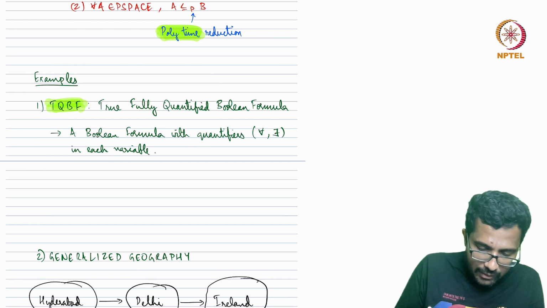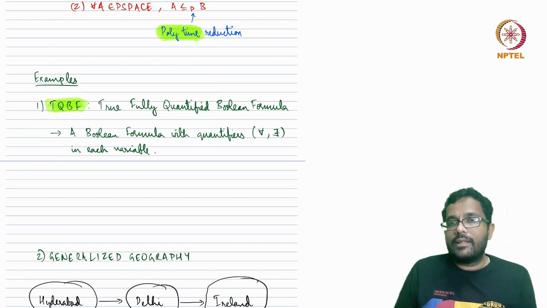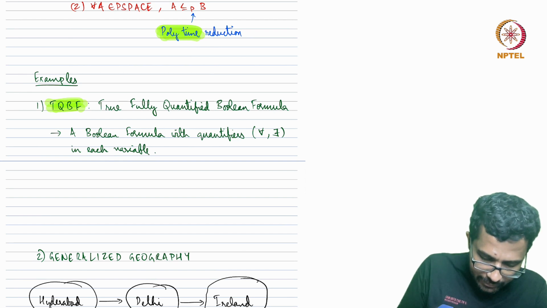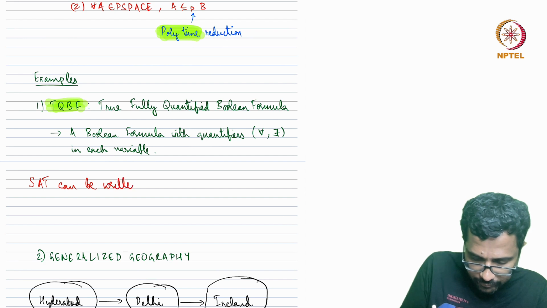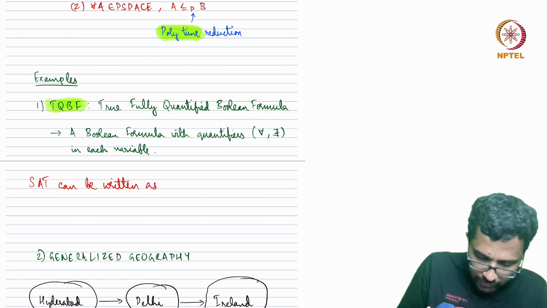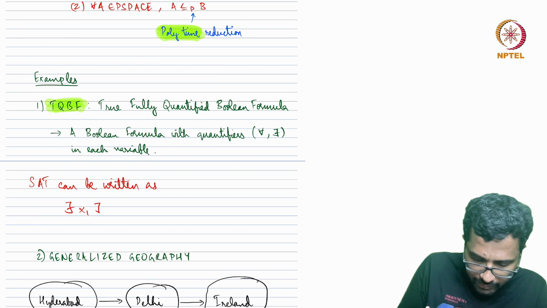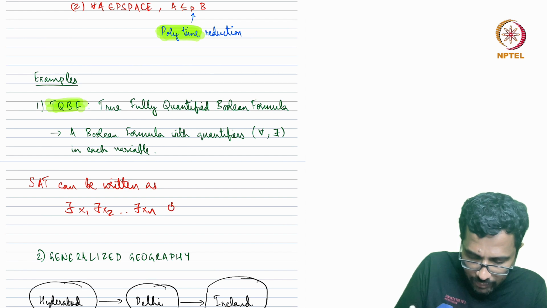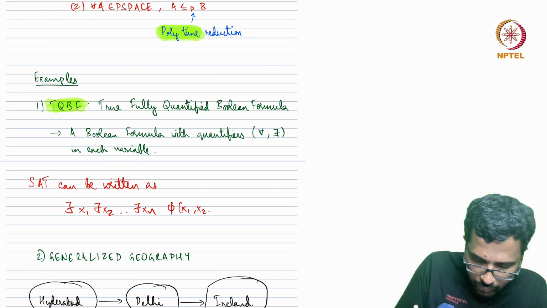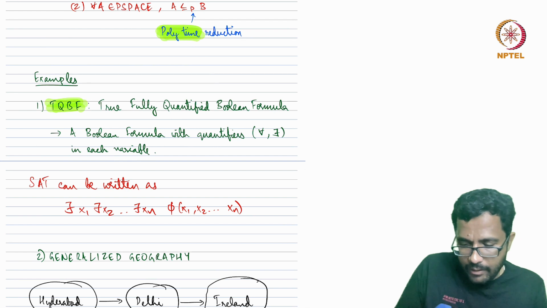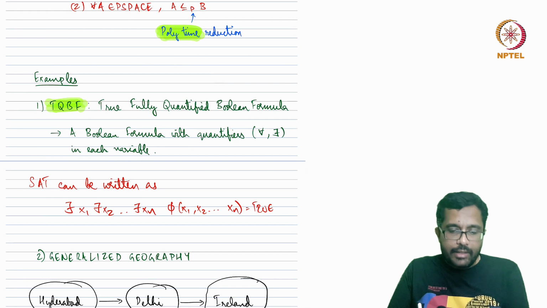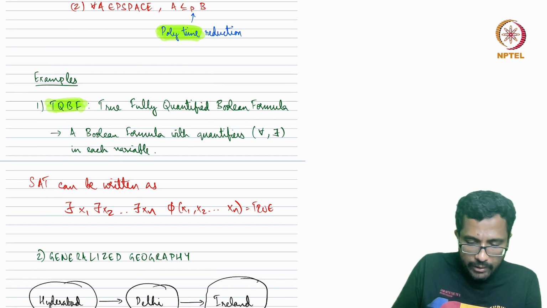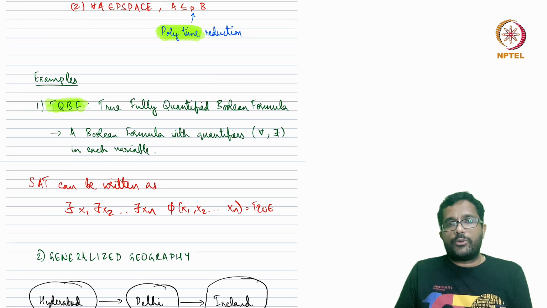For instance, satisfiability can be written as: does there exist an x1, does there exist an x2, ... does there exist an xn such that phi of x1, x2, etc. xn is true. So basically we are asking whether there is some assignment such that a formula evaluates to true, right?